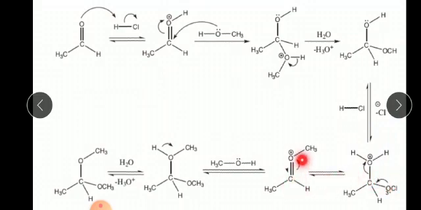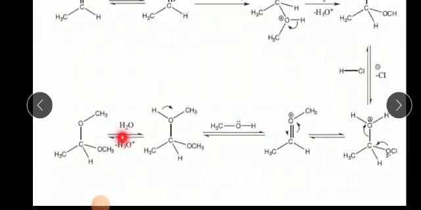So here this OCH3 we write as OCH3 double bond, and again methanol is added. Methanol is added means this is also placed at the center carbon. The third one is, once again, H2O and hydrogen is added, it becomes H3O plus.